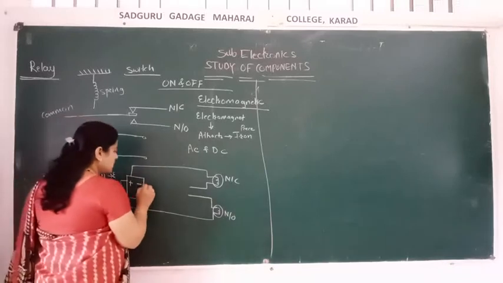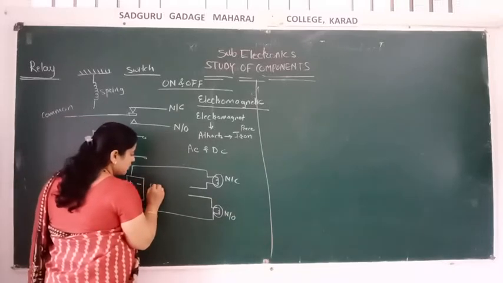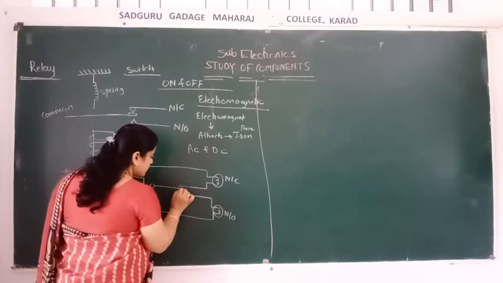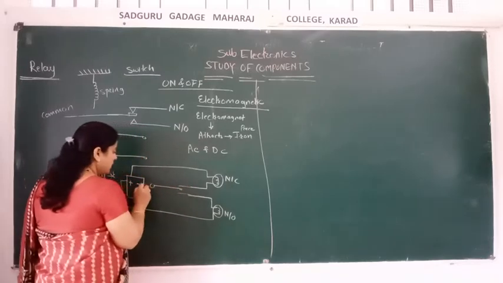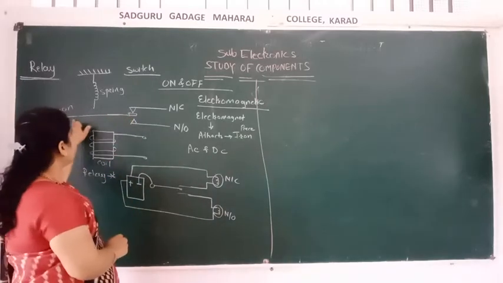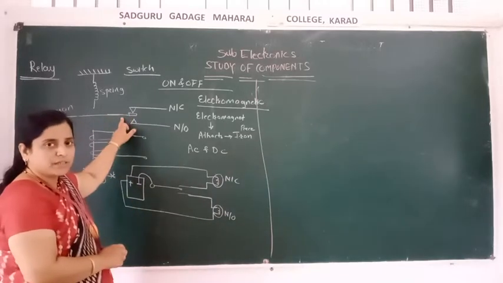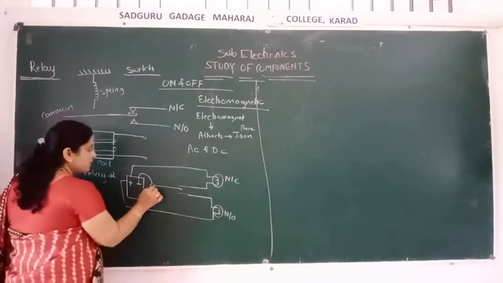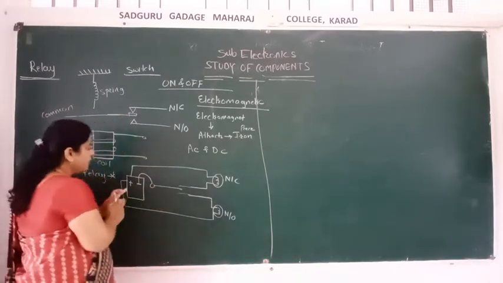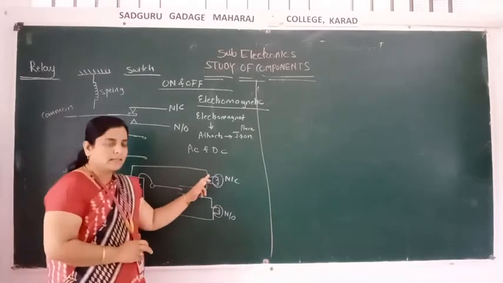Then what happened? See, from this one common line is there. This is the common wire, that common copper line that we have used here, which is connected to the negative. If you give the positive supply, then what happens?